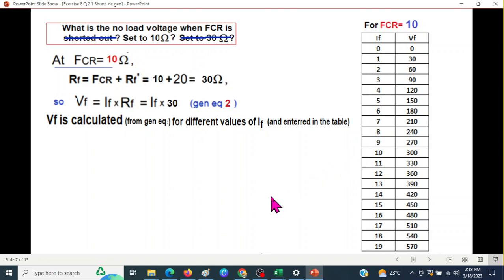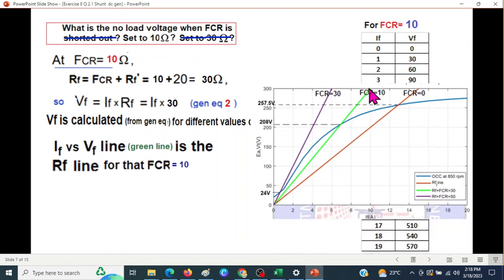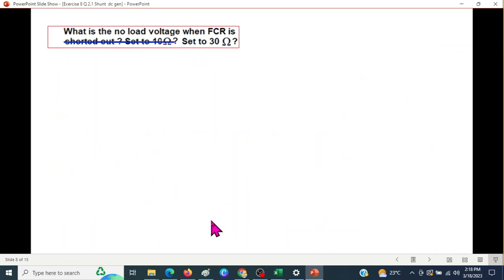And when we plot this in our graph, we'll get the green color graph. And the intersection with the OCC is this line, which is giving V no load, or EO, 208 volt. This was the second one.